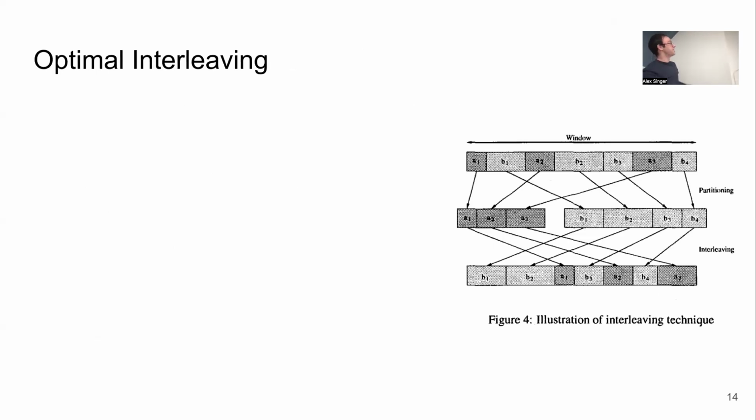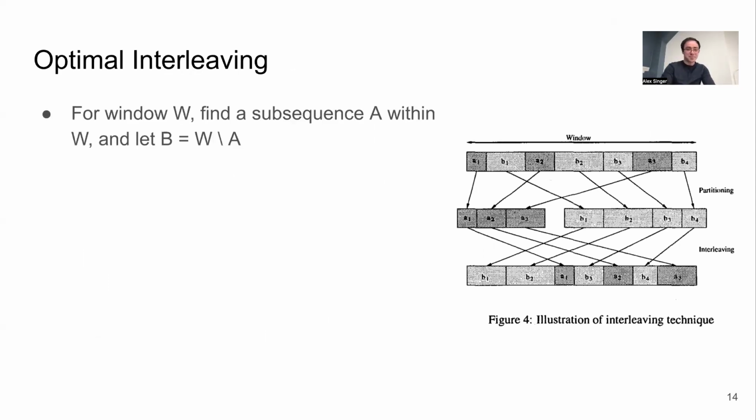So what is this optimal interleaving? How is it optimal and how is it interleaving? For window W, which they set to be twice the size of the average bin in the global placement, find a subsequence A within W, and then let B be all other cells.